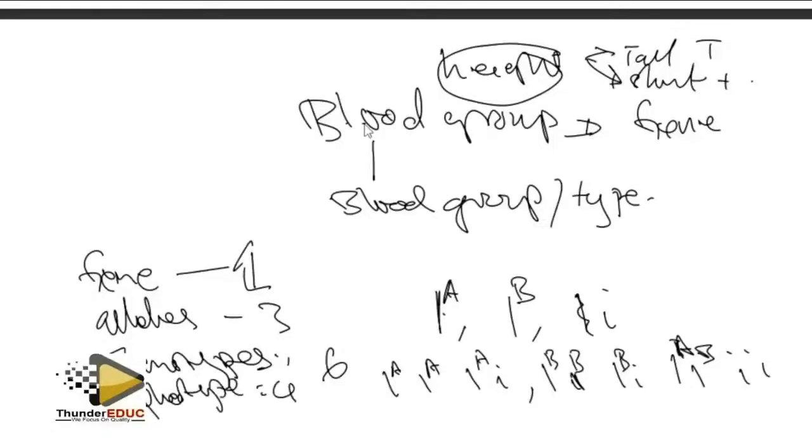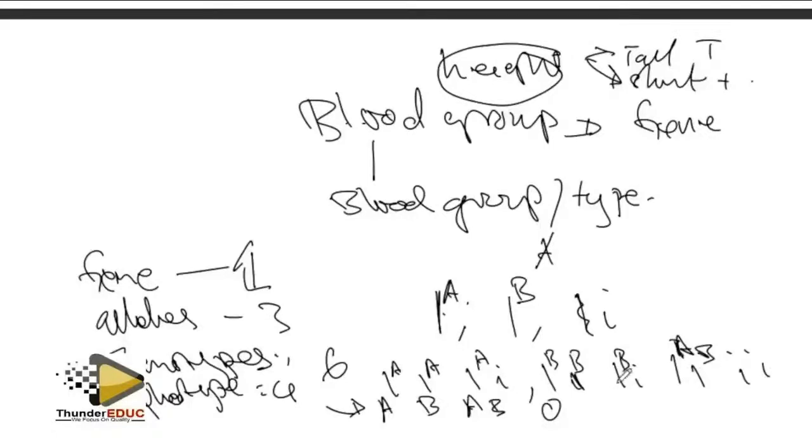there are 4, which is A, B, and O. So basically that is it. Oh, AB, yes, AB is codominant. O is homozygous. This is codominant or heterozygous.